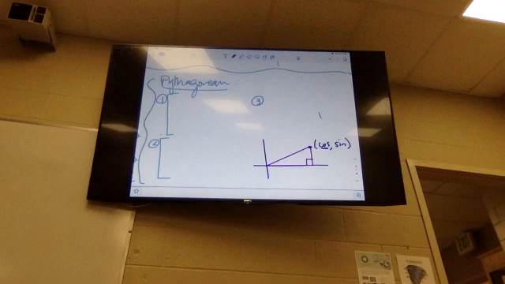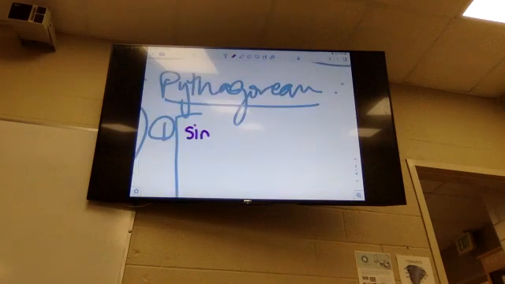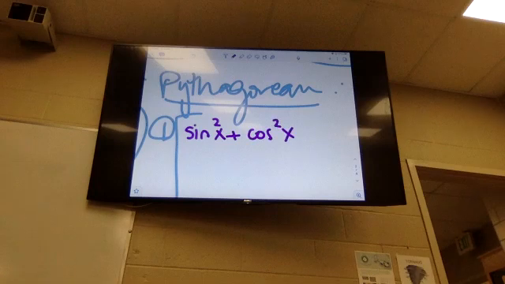My x, or my horizontal value, is that cosine. And then my y is the sine, that's my vertical distance. And then in the unit circle, my hypotenuse is just 1. So if I were to do Pythagorean theorem here, I would do sine squared plus cosine squared equals 1 squared. So our first Pythagorean identity is just that. Sine squared of x plus cosine squared of x equals 1. You can write x or theta, it doesn't matter to me.